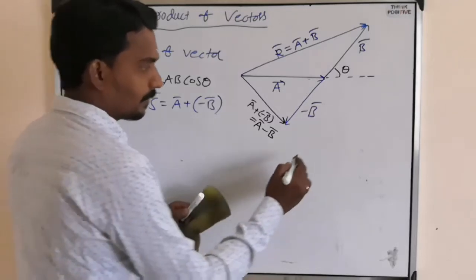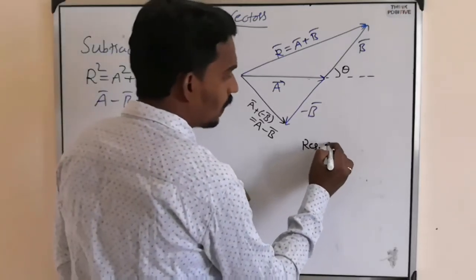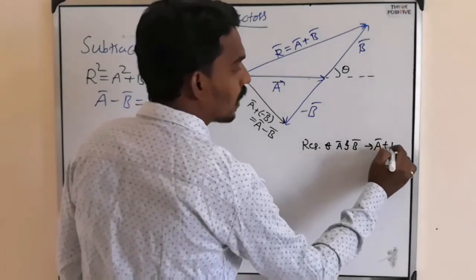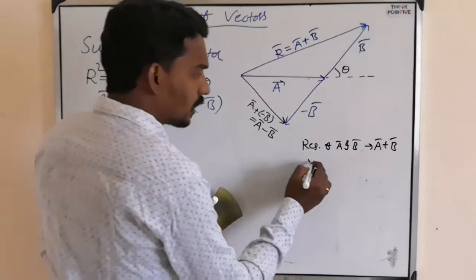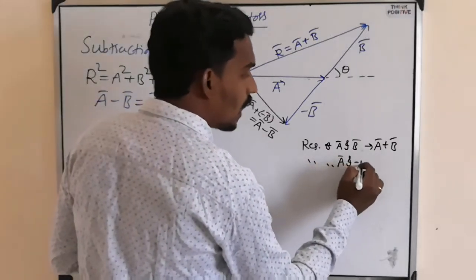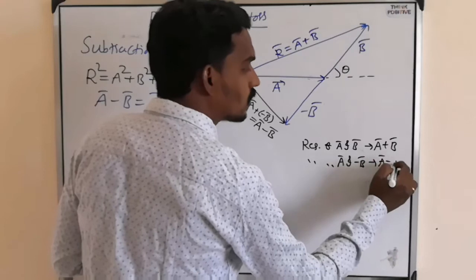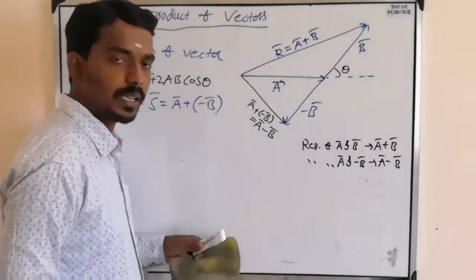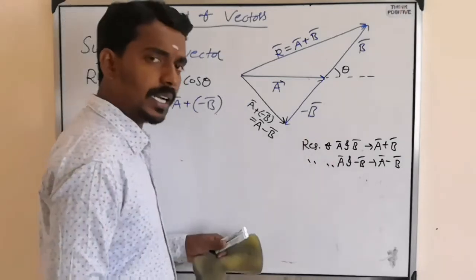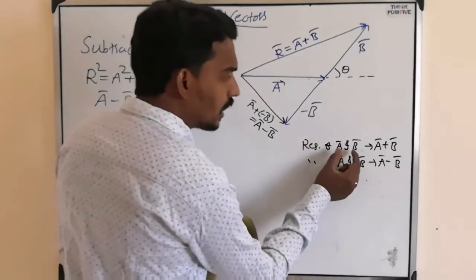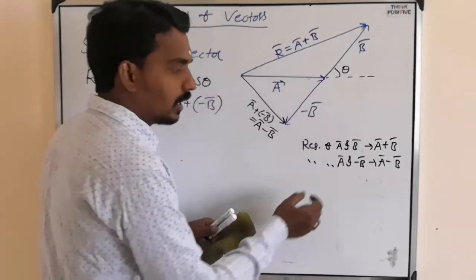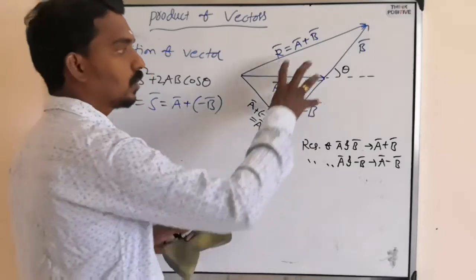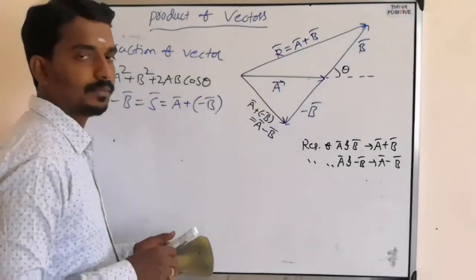So please understand: resultant of A bar and B bar is called A bar plus B bar, but resultant of A bar and minus B bar is called A bar minus B bar. The rule is the same. Both are called resultant of two vectors. So now we got this one.